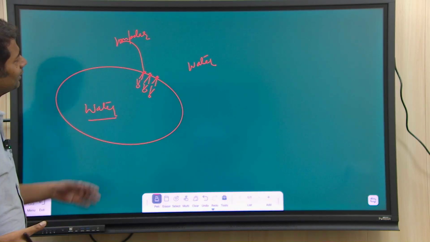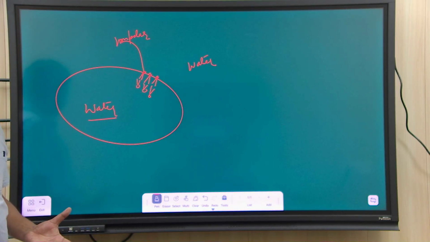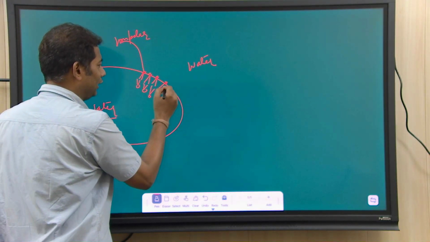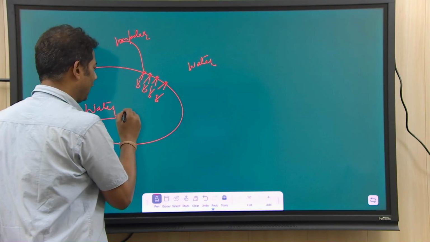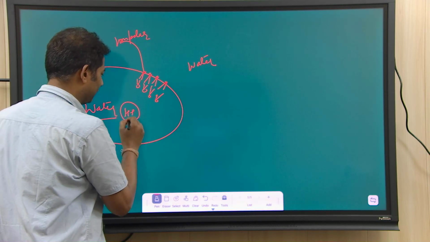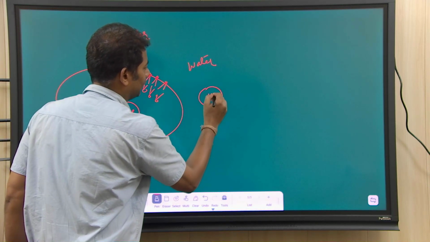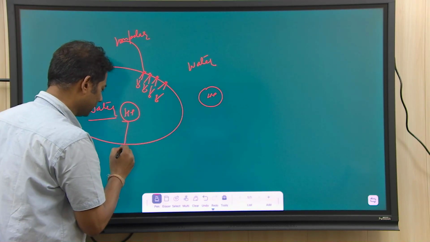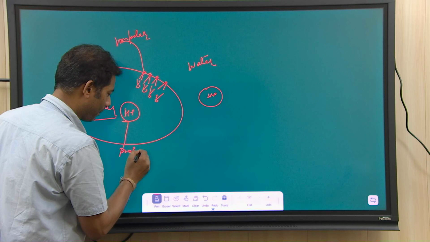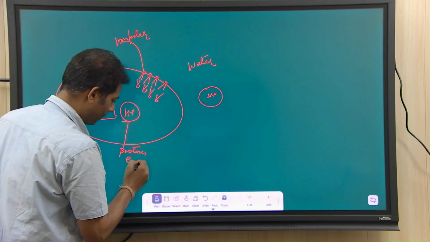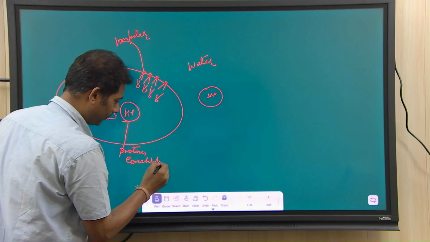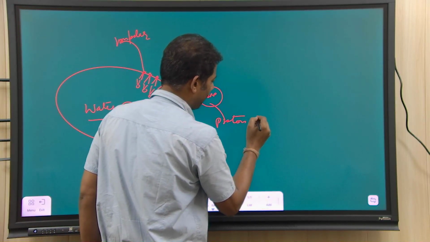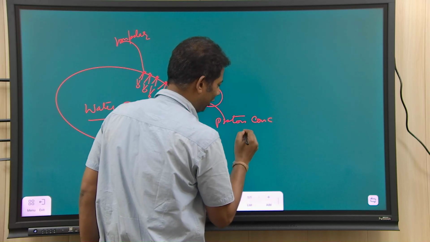So this membrane is like a wall. And in this case, the difference is a high proton gradient. The difference is the proton concentration across the membrane. Here, the proton concentration is high. Here, the proton concentration is low.